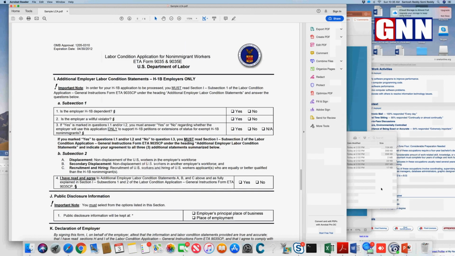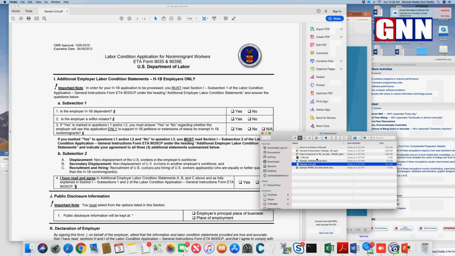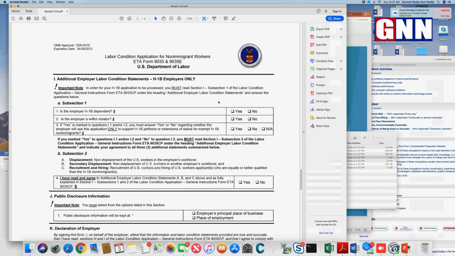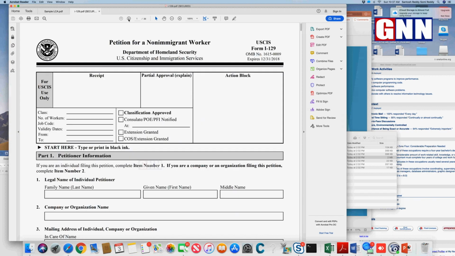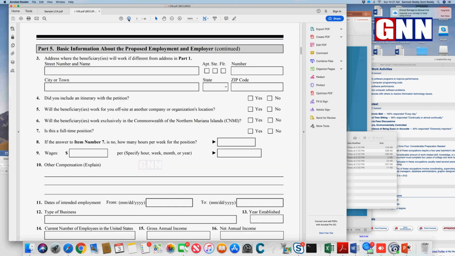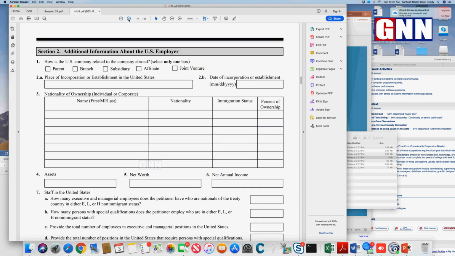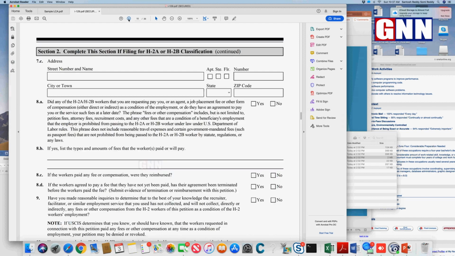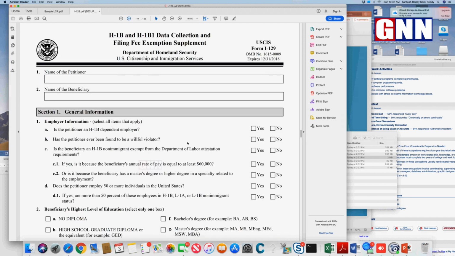So this will not apply if you are already paying them more than 60K salary. I'll show it to you here. Give me 1 second. If you look at it here, it says, is the beneficiary a non-immigrant exempt from the Department of Labor attestation requirements?